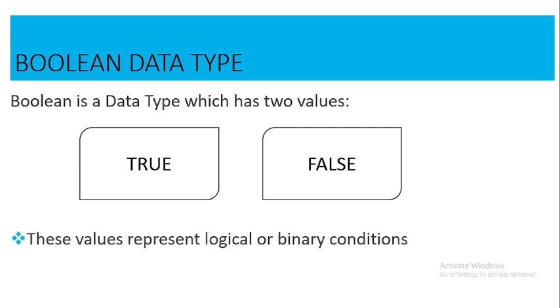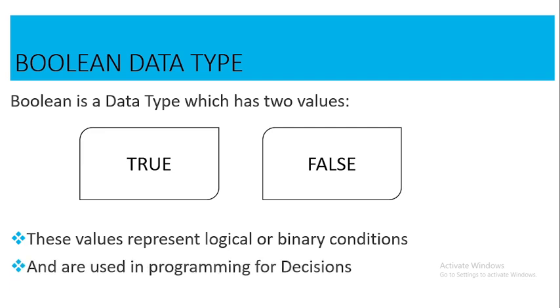So these values represent logical or binary conditions, and then in simple terms we say that they are used in computer programming for decisions. So to make any decision, we use Boolean data type to make such what? Decisions.